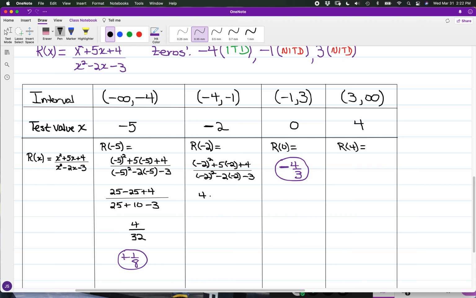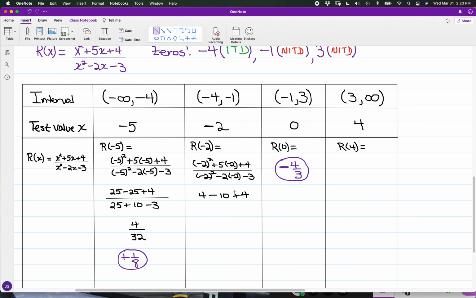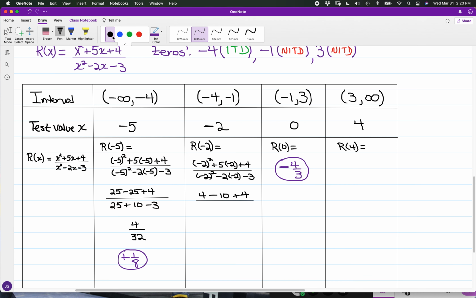So you have 4 minus 10 plus 4, and in the denominator, from -2 squared you have 4, -2 times -2 is a positive 4, then minus 3. So 4 minus 10 is -6, plus 4 is -2, and 4 plus 4 is 8, minus 3 is 5. So we have -2 over 5, and right away this becomes -2/5.